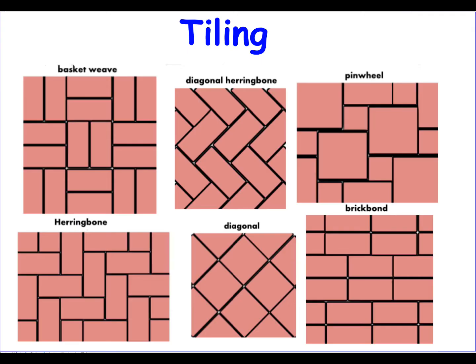Now we're going to talk about tessellation, and this is just a posh maths word for tiling. You'll need to understand tiling because generally when you get an area problem, they're going to give you a small thing that's going to go into a big area, just like the tiling effect.